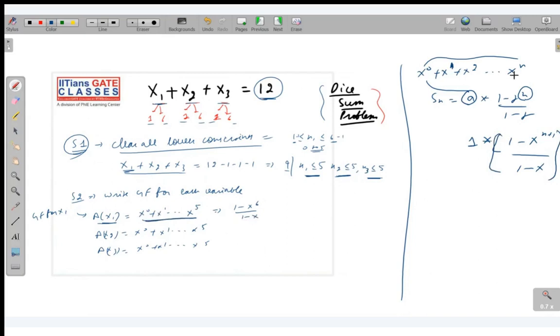And we can do it just because I am taking x to be less than 1, x between 0 and 1. This formula, a into (1 minus r^n) upon (1 minus r), is valid when x is between 0 and 1. If x is greater than 1, then I will just take minus common and use (r^n minus 1) upon (r minus 1).